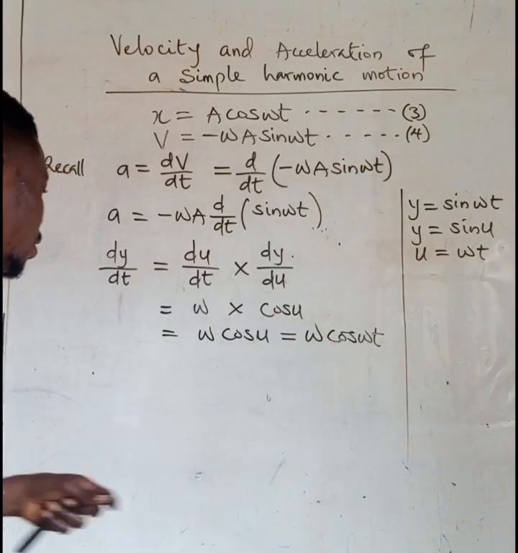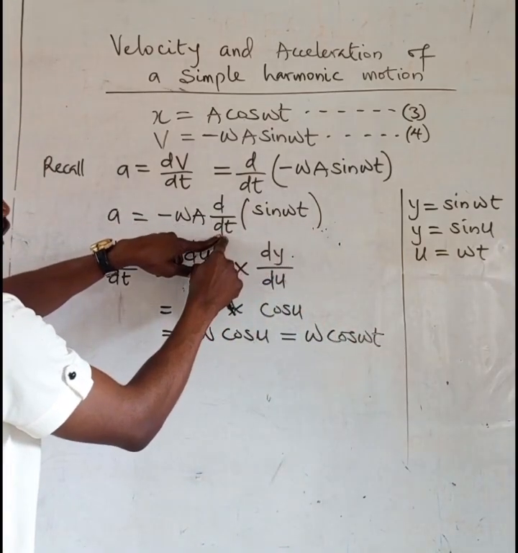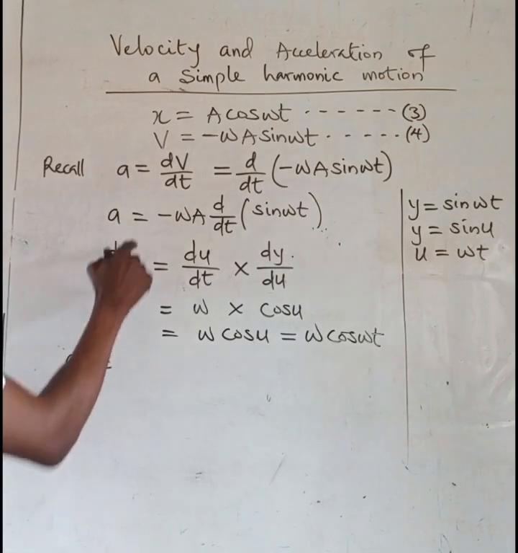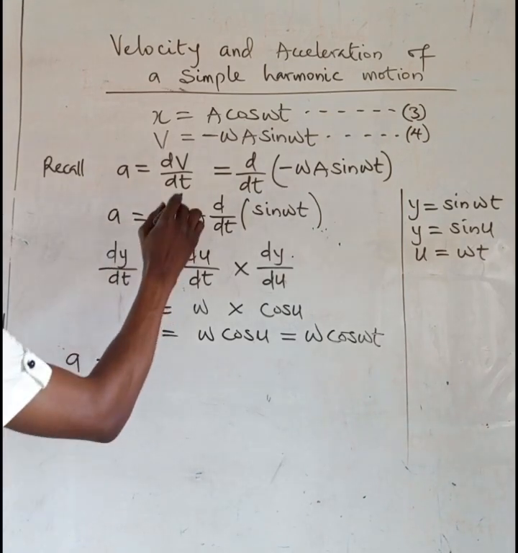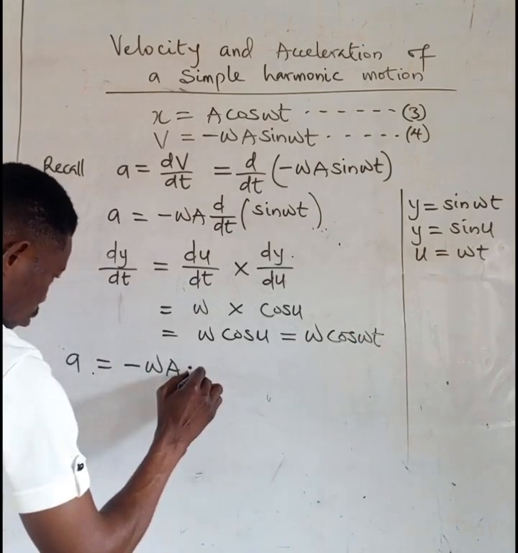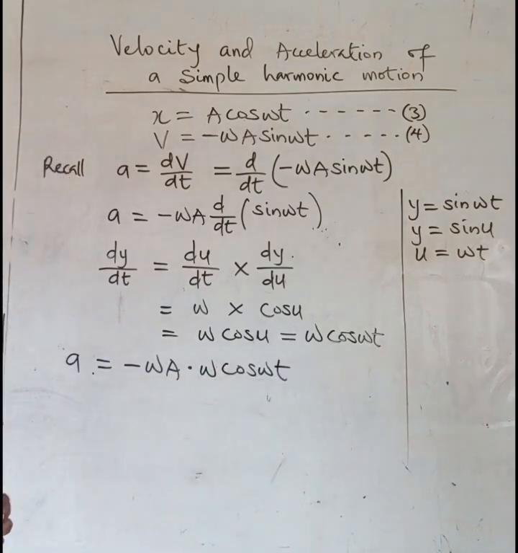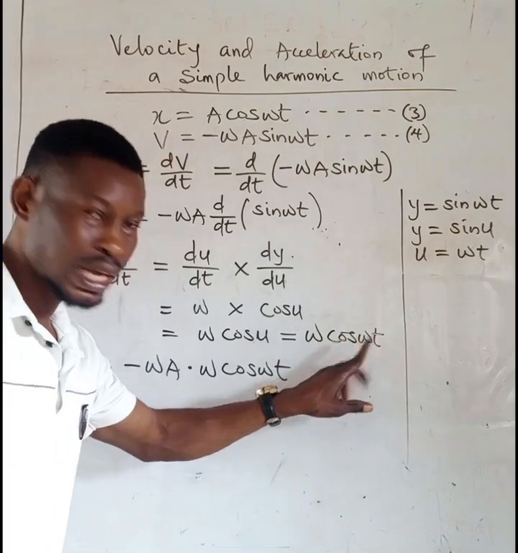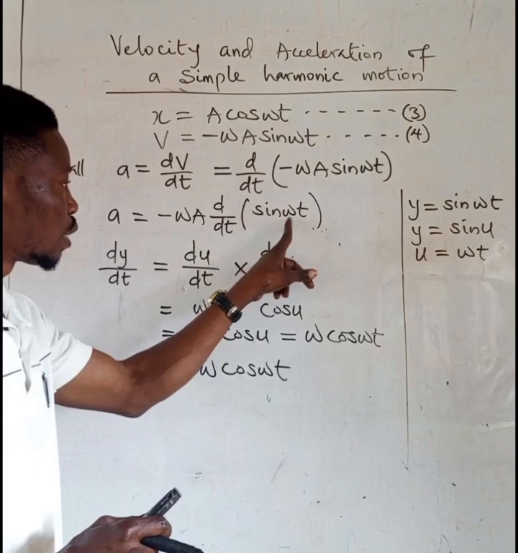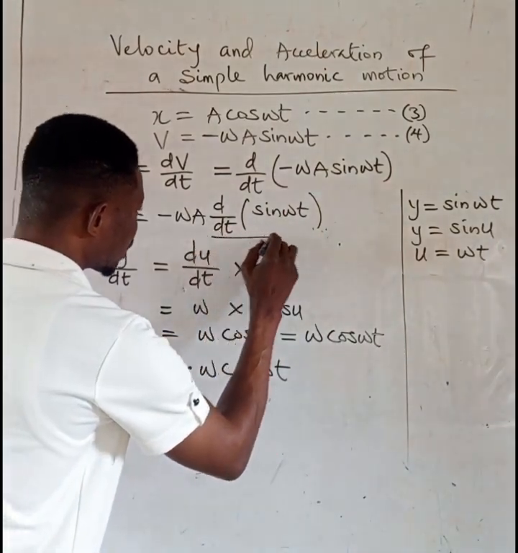Now, having obtained this, we can substitute into d/dt of sine omega t. That leads us to acceleration A equals minus omega A multiplied by omega cos omega t. Don't forget that omega cos omega t is what we obtained when we differentiated sine omega t, so we are only using it to replace this.